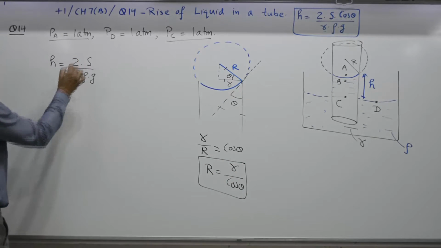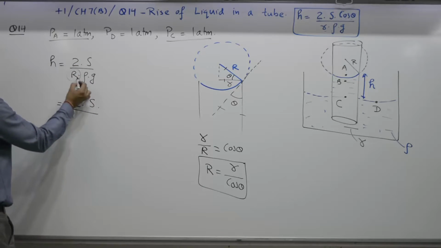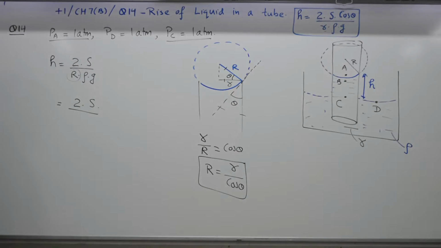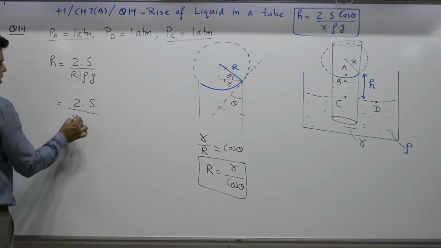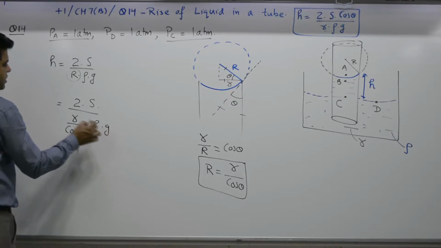Moving to the same expression, 2S. We don't want to write capital R, the radius of curvature. We want to replace it by small r. So replace this with r by cos theta, rho g.